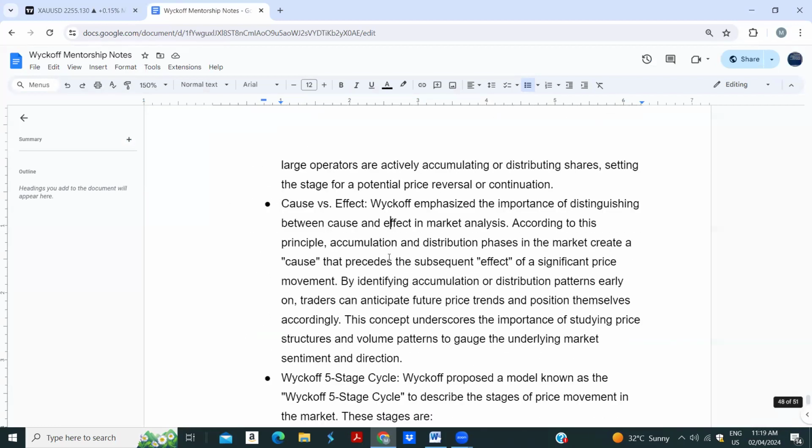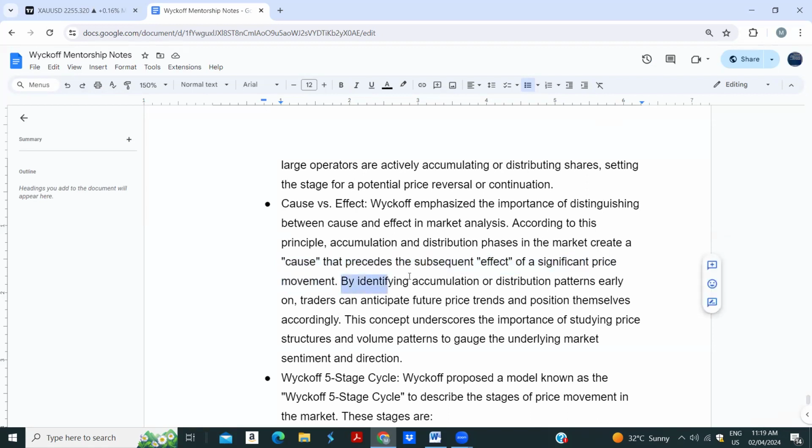Now we're going to delve into the law of cause versus effect. Wyckoff emphasized the importance of distinguishing between cause and effect in market analysis. According to this principle, accumulation and distribution phases in the market create a cause that precedes the subsequent effect of a significant price movement.